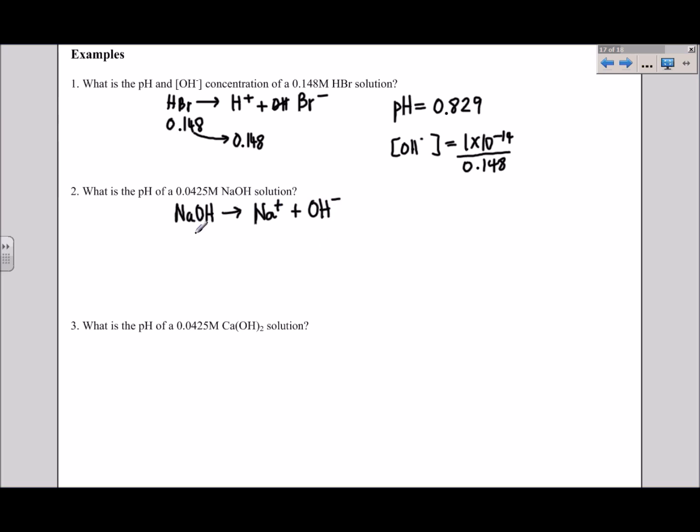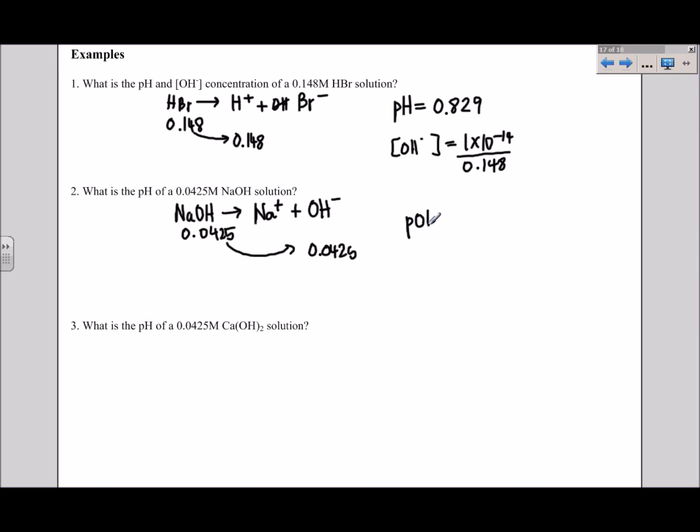And so the concentration of the hydroxide here is 0.0425 because it's in a 1-to-1 ratio with the sodium hydroxide. For every one of these I have in solution, I have one hydroxide ion, so the concentration is the same.